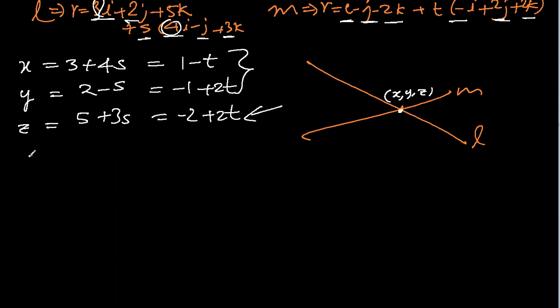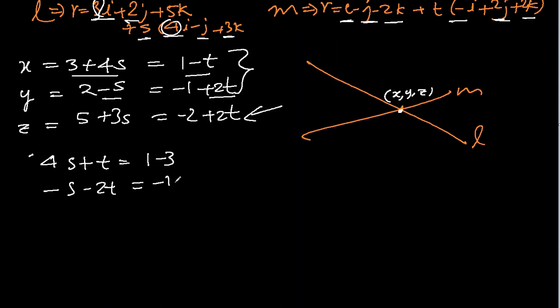So, 3 plus 4s equal to 1 minus t. Let me rearrange it. It will become 4s plus t equal to 1 minus 3, which is minus 2. The second one will be minus s minus 2t equal to minus 1 minus 2. So I have rearranged so that I get s and t on one side.